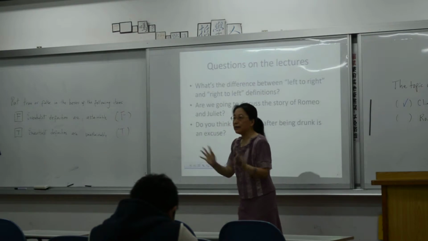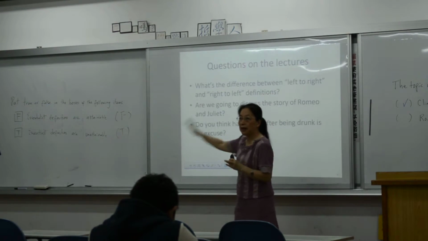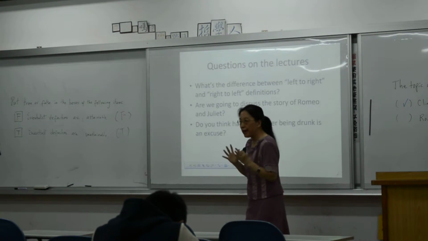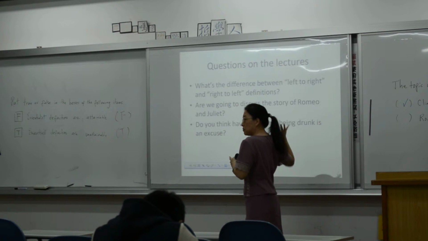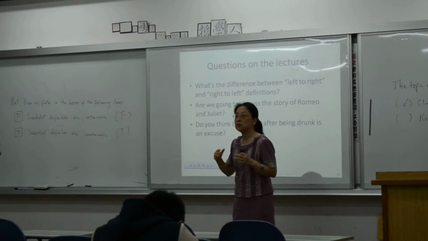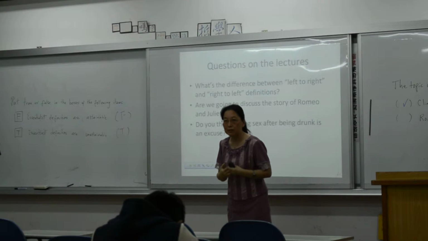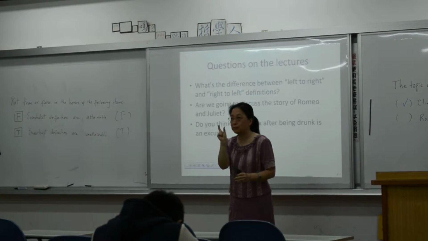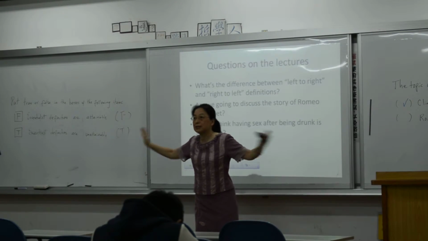It doesn't mean that the definition from right to left is correct or not. It simply means we tend to interpret things from right to left. In other words, using prototype theory, focusing on what's the central example, what's the best example, what's the peripheral example.